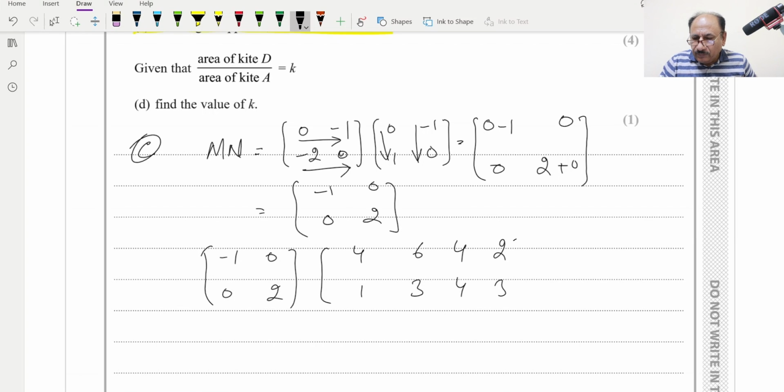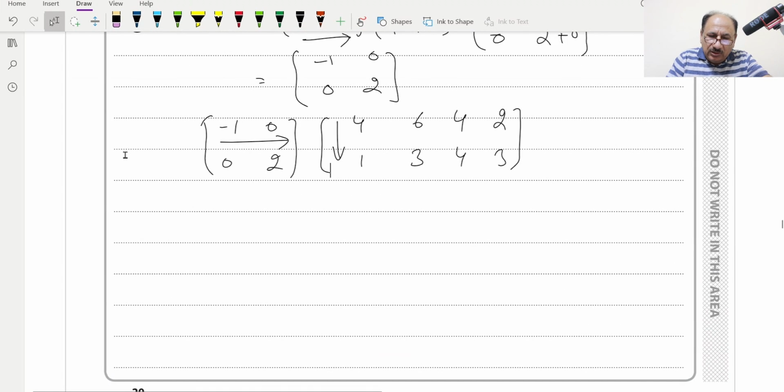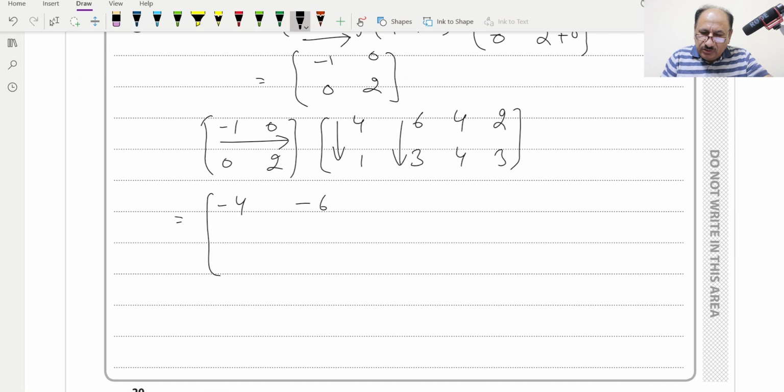And now we can multiply first row first column. This will give us the first term, and this will be minus 4 and plus 0. So minus 4, first row second column will be minus 6 and 0. Then first row third column will be minus 4 and 0.